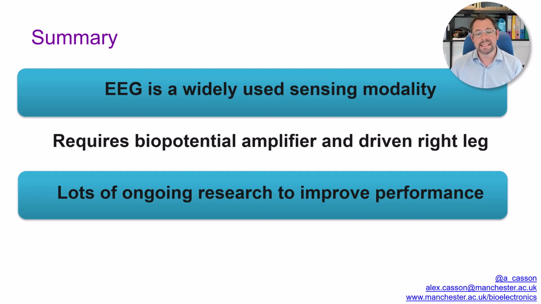Because EEG is both a well-established methodology, very widely used for getting brain data at the moment, but it's also a very active research area as we aim to make the devices smaller, more portable, and ultimately, hopefully, enabling things like at-home neurofeedback, potentially at-home neurostimulation, getting information about the brain out of the clinic situations that we've not been able to do before.